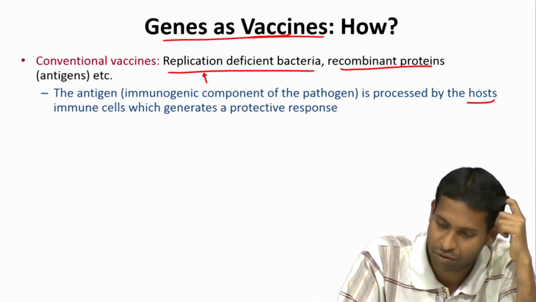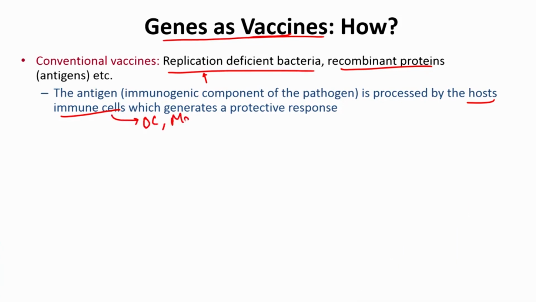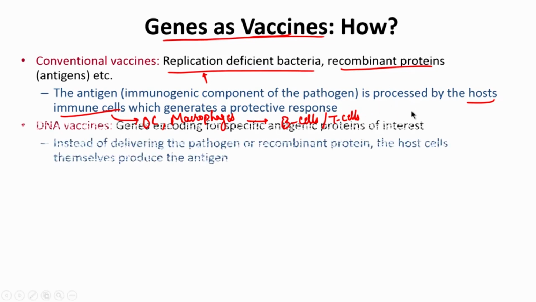They are presented to B cells and T cells, which have a large repertoire of receptors, and whichever has binding to it starts to proliferate and then further refines its binding with somatic hypermutation, and finally results in generation of immunity. So, that is what the conventional vaccines were targeting.